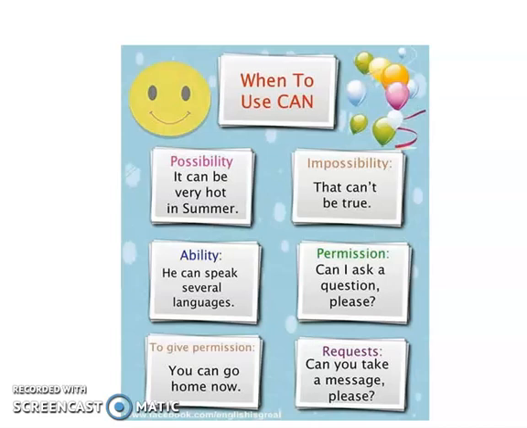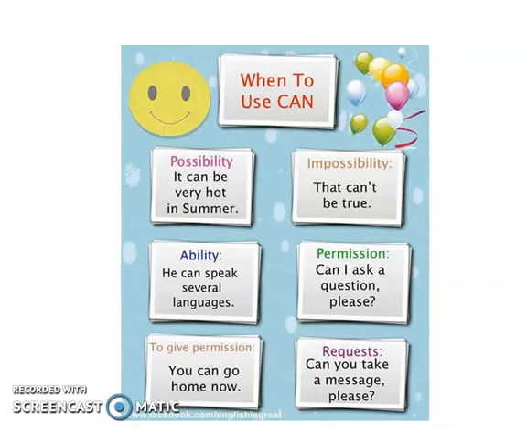In this unit, we will talk about another function of language, which is very practical and mostly used in common, day-to-day speech, especially the use of the words can and cannot. You can see the power of the word can, and you can see the power of the word cannot.